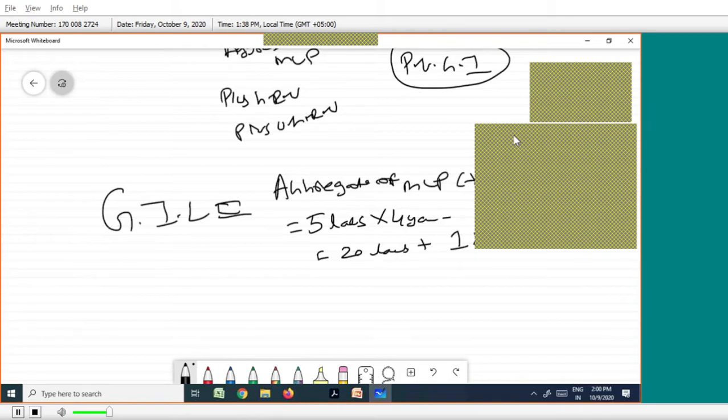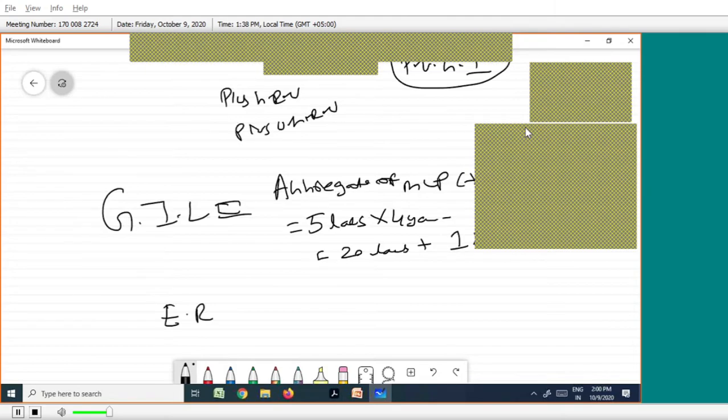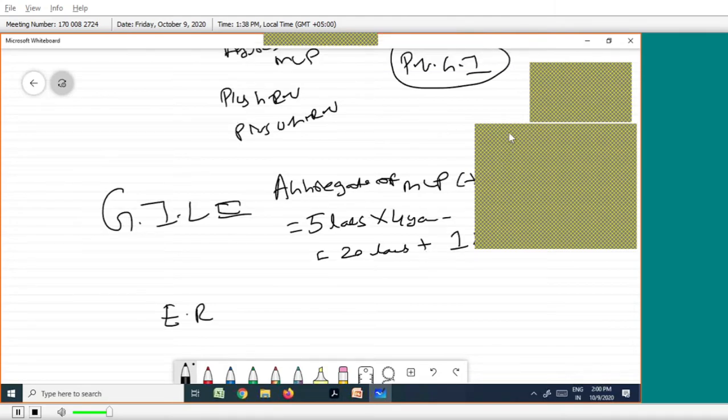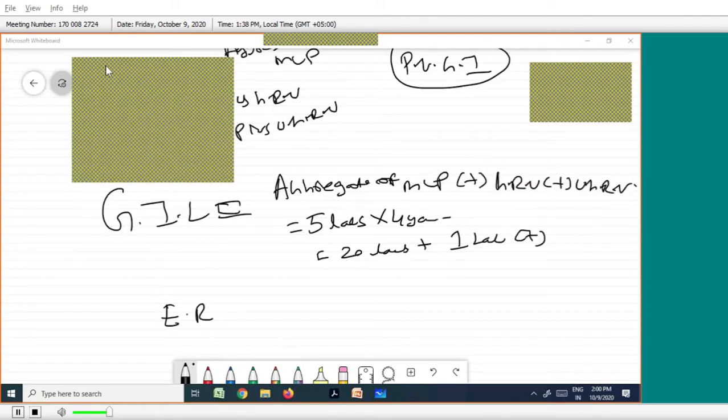We have to identify it: the expected residual value minus the guaranteed residual value. Expected residual value is 2 lakh, correct? Minus guaranteed residual value, already available in the question, 1 lakh. Equal to balance 1 lakh, which is the unguaranteed residual value.